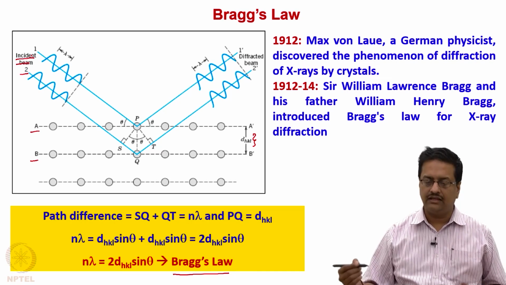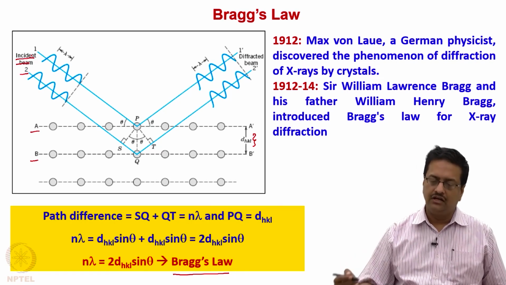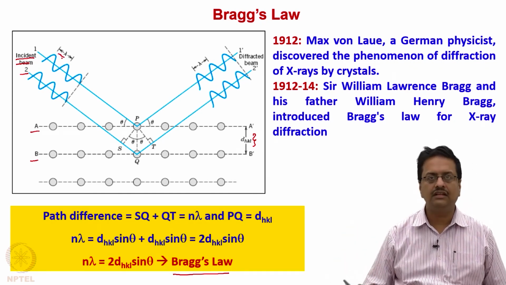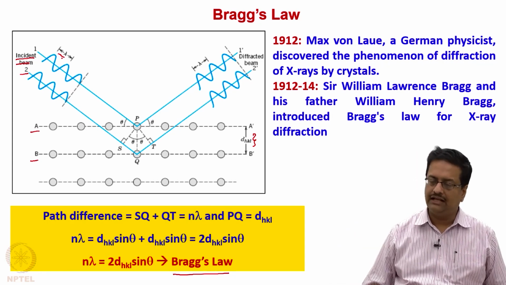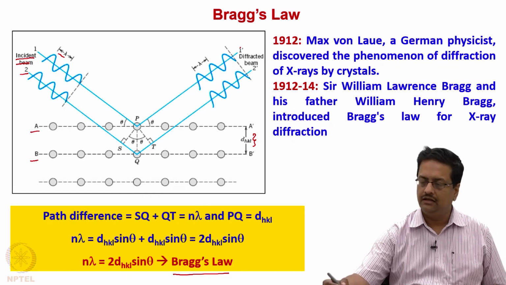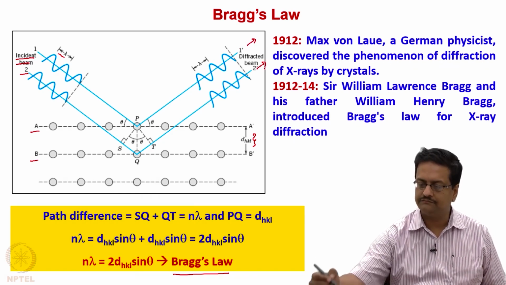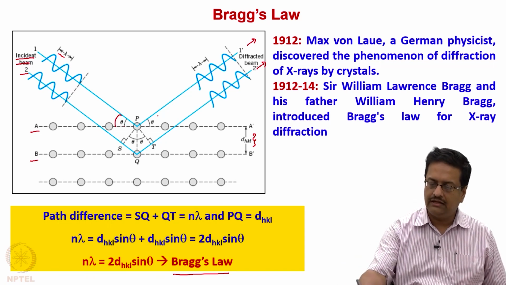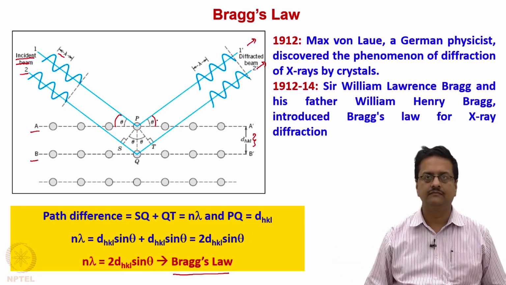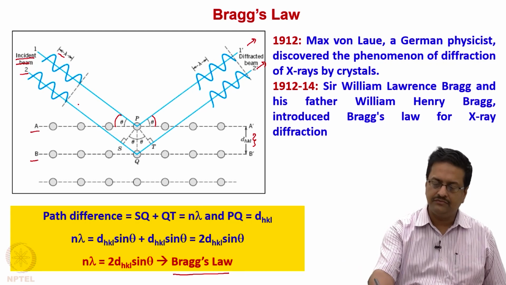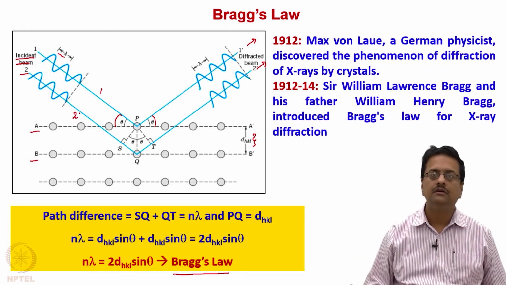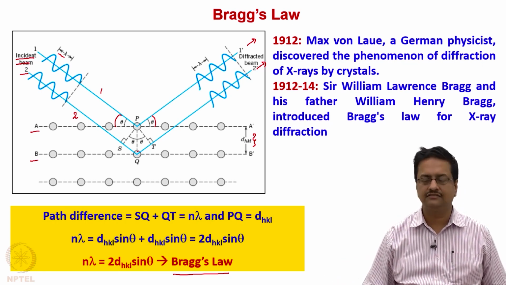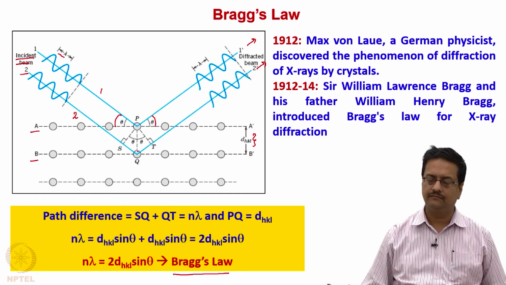A set of parallel beams 1 and 2 of a particular wavelength lambda is falling on a crystal. They can get diffracted in the direction of 1' and 2'. The angle of incidence is theta and the angle of diffraction is also theta here. These two waves 1 and 2 are getting diffracted from two parallel layers of scattering centers and going back to the viewer.